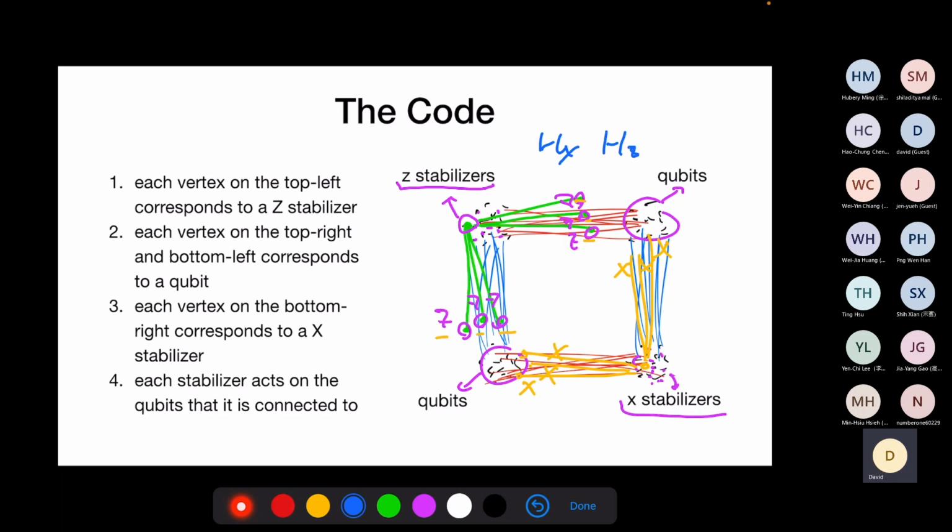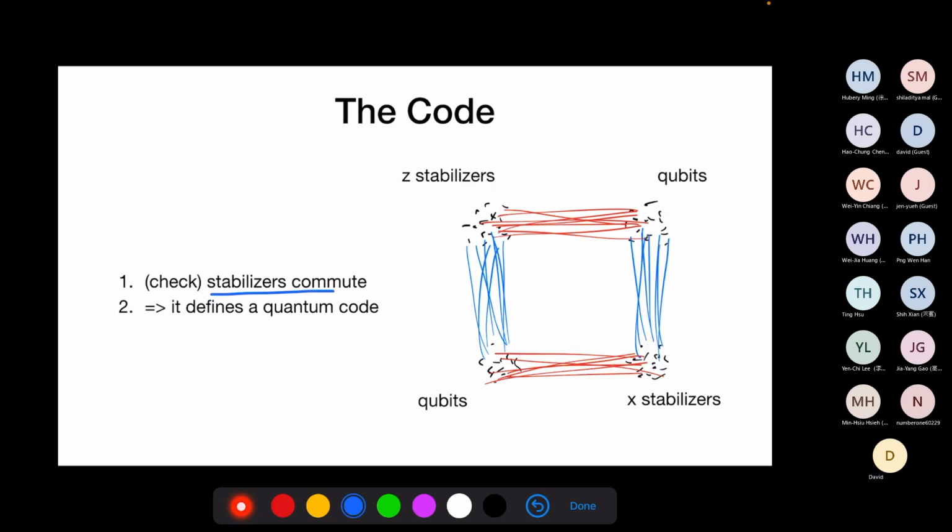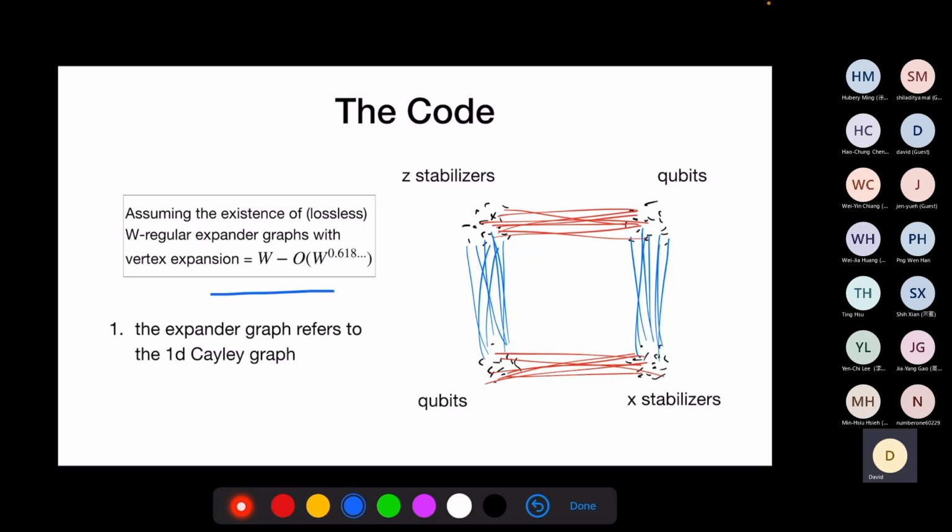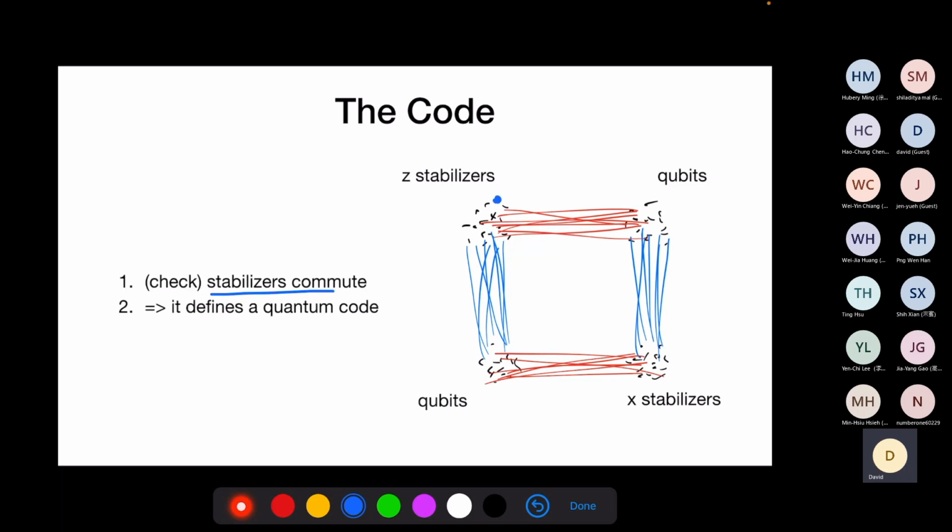But next we have to make sure that they commute. How do we make sure that they commute? We know that Z stabilizers commute with themselves, so we have to check the relation between X and Z. If an X stabilizer and a Z stabilizer act on a common qubit, then because there is always a square, we can find another common qubit on the other side.